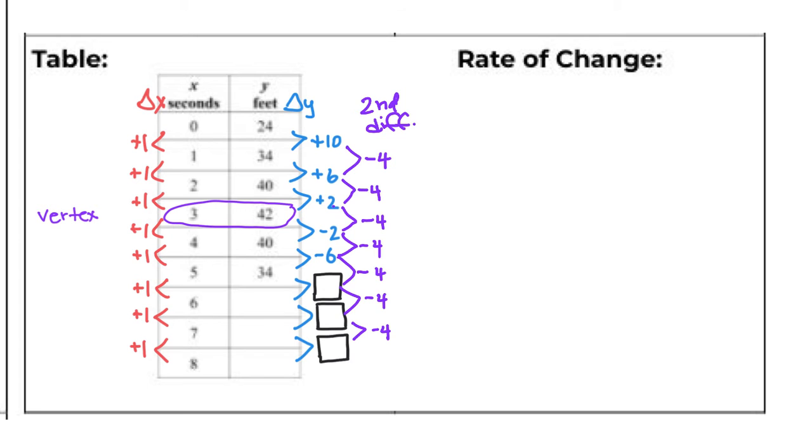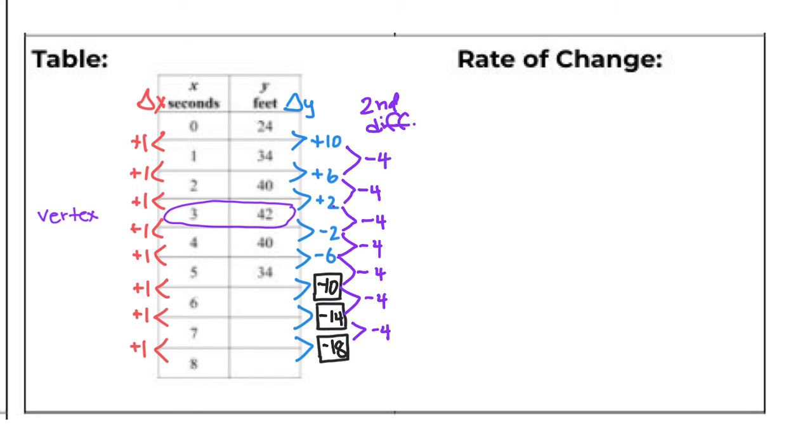So now I can say negative 6 minus 4 gives me negative 10. So negative 10 should go inside that box right there. Negative 10 minus 4 is negative 14, and negative 14 minus 4 is negative 18. And we can use those values to help figure out my table.